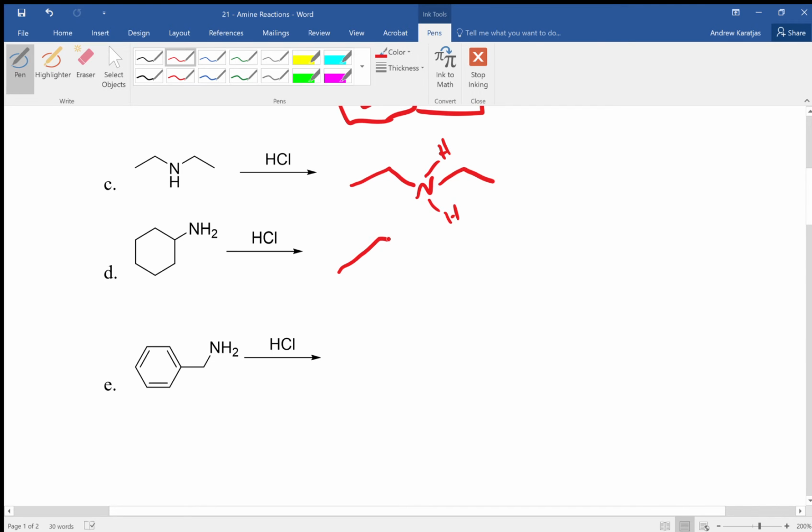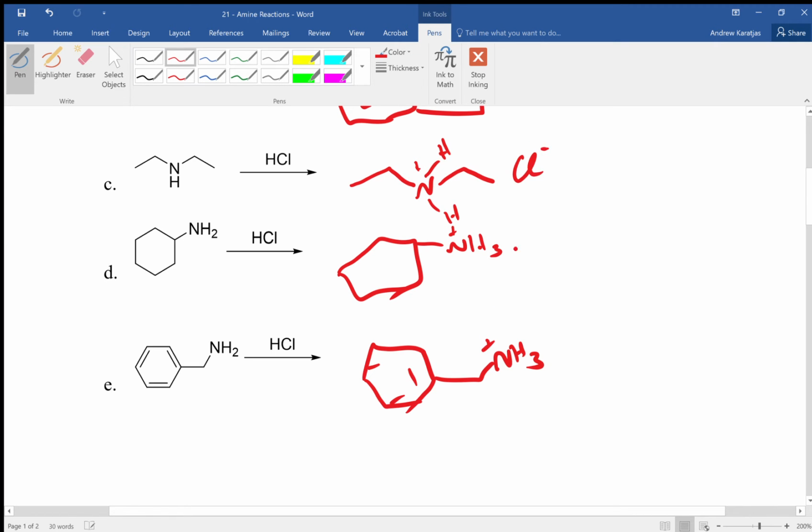And the fact is, it actually doesn't matter whether we start with a primary, secondary, or tertiary amine. For almost any amine that we add a strong acid to, we add a proton to it, it becomes a charged species, and we have a chloride counterion.